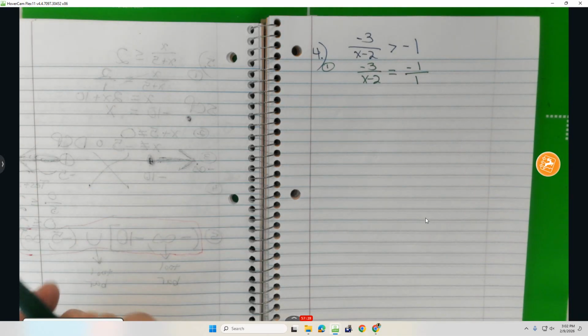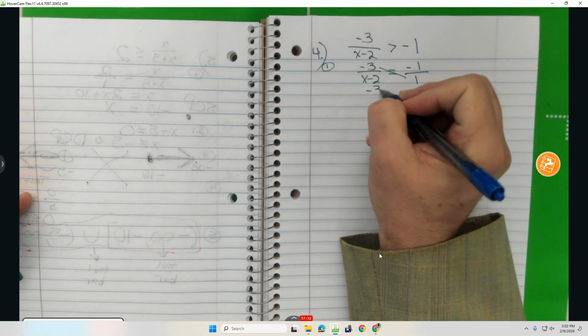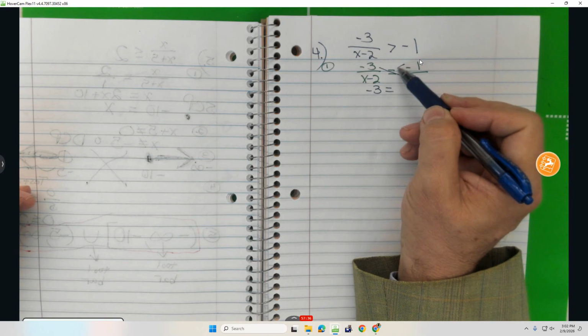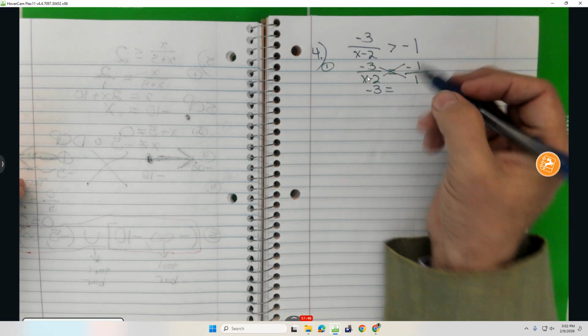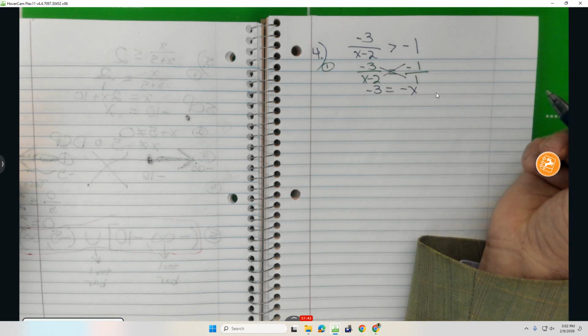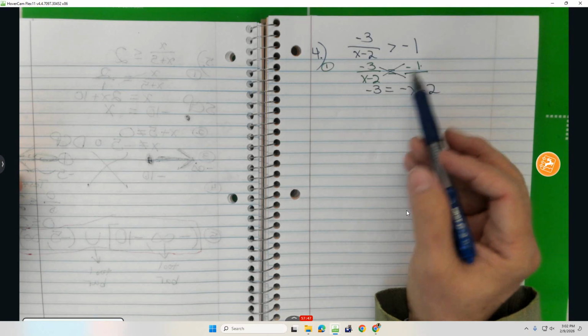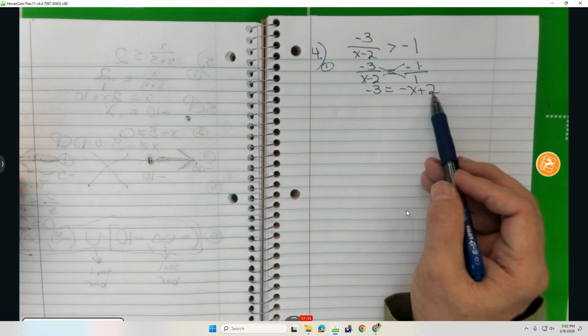Just cross multiply. -3 times 1 gives me -3 equals, be careful, -1 times x minus 2. What's that going to give us? Negative x, keep going. Distribute the -1 over the x minus 2 to get a negative x plus 2.